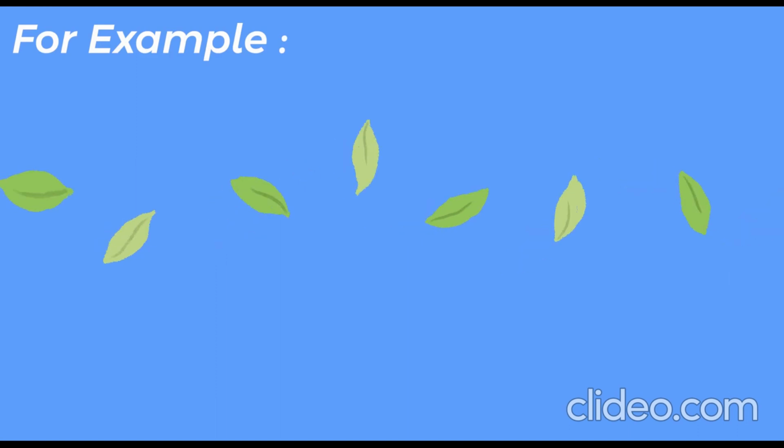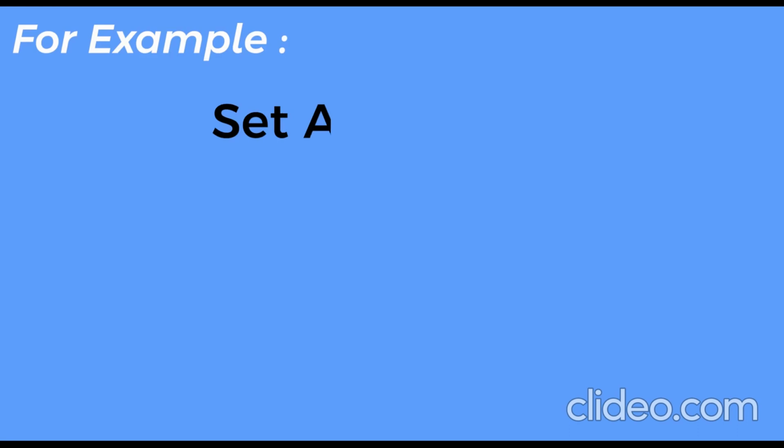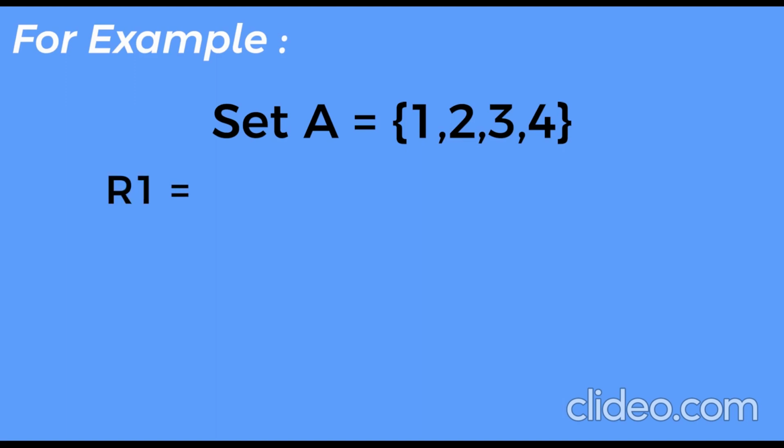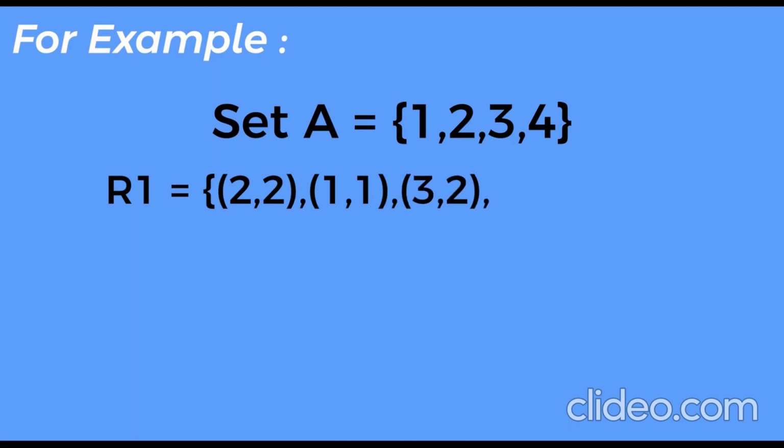For an example, let's consider that set A consists of elements 1, 2, 3 and 4 and relation R1 is (2, 2), (1, 1), (3, 2), (2, 3), (3, 3).